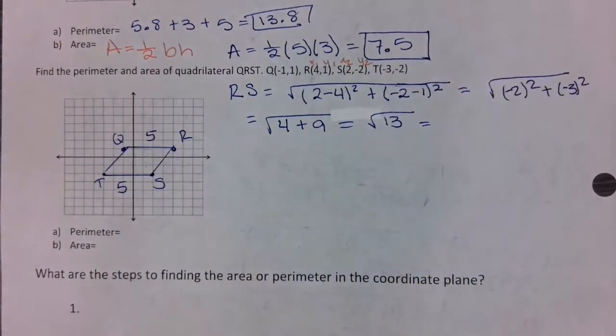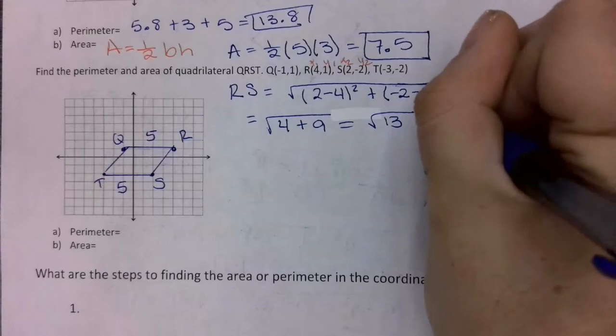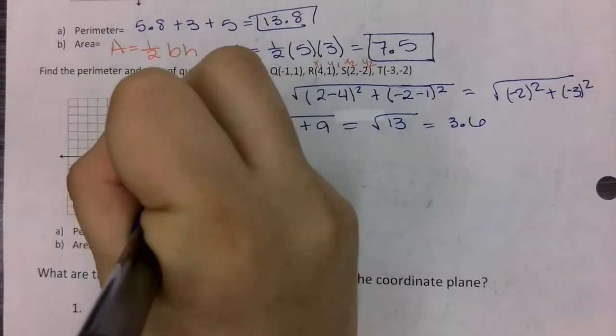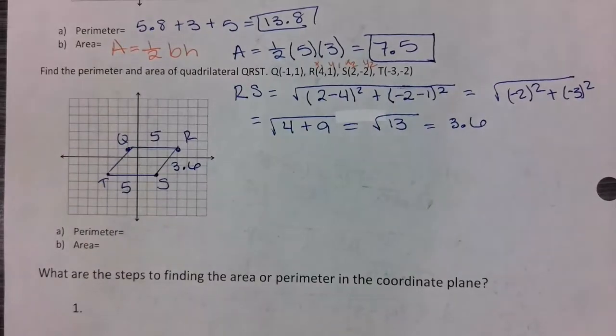I made a mistake. What'd you get? 3.6? Okay. So RS is 3.6. Now, you were saying something, Chance, earlier. Since RS is equal to QT, they both are 3.6. How do you know RS is equal to QT?